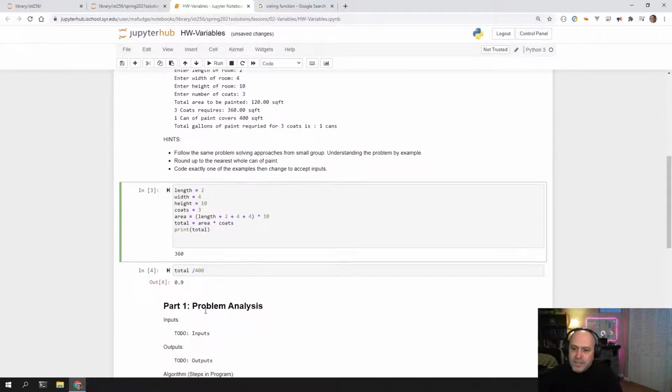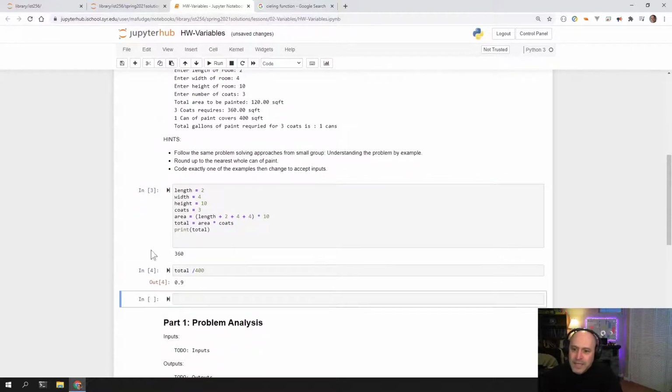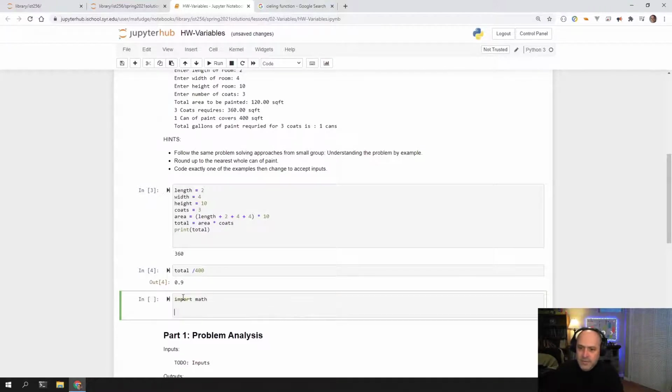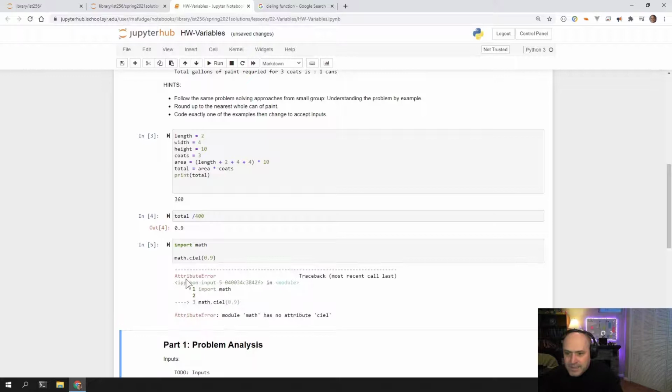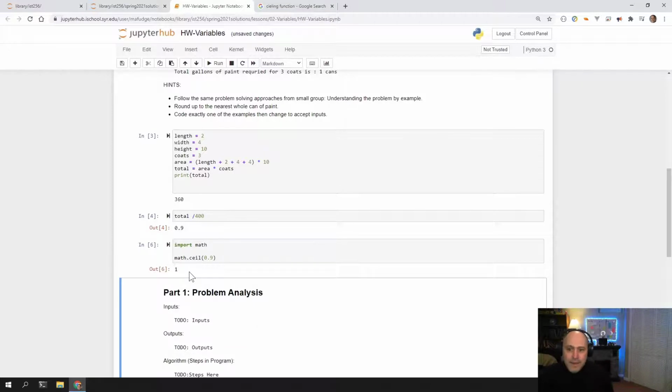So the way you get to the ceiling function in Python is you need to import the math library, and then there's a function called math ceil. And if I put in 0.9, it gives me back 1.